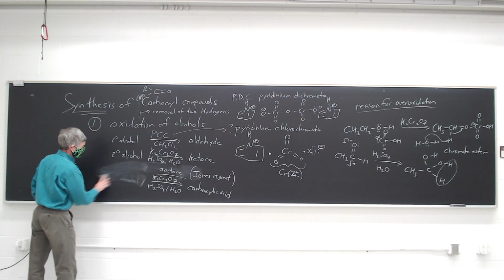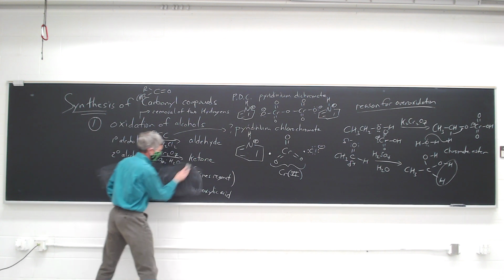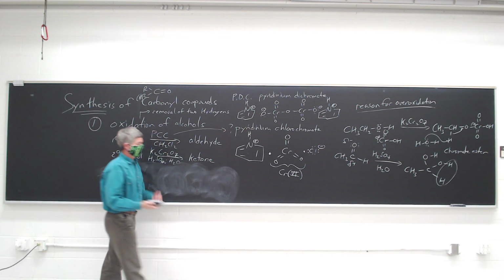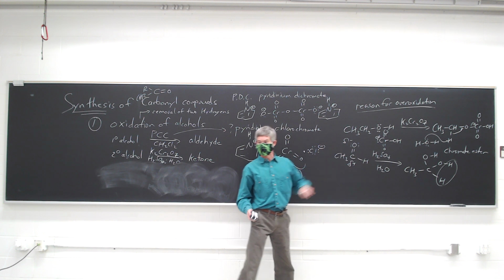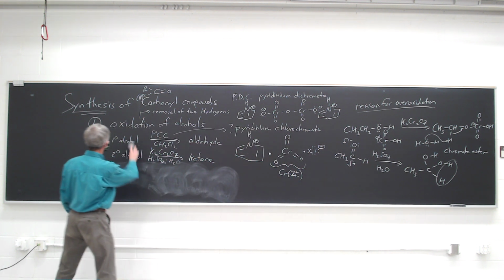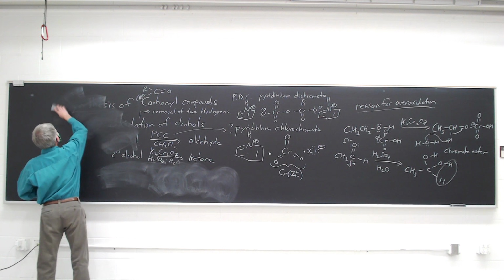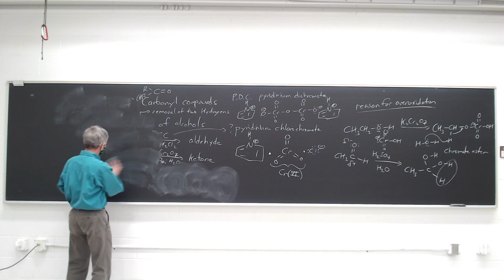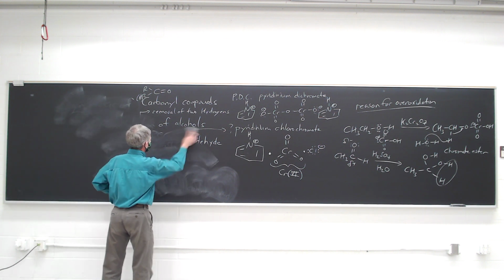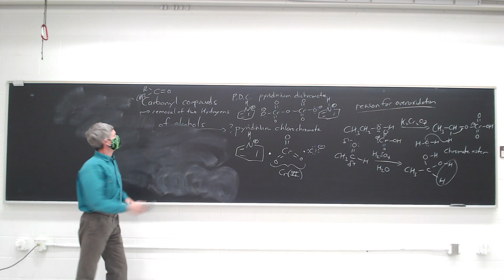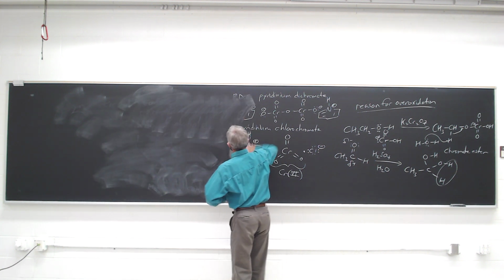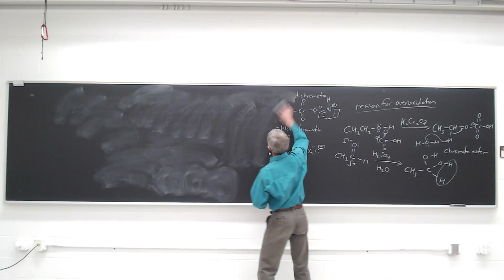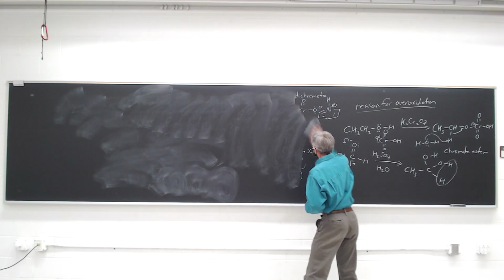So overoxidation is a consequence of this nucleophilic acyl addition reaction to the carbonyl group in the presence of aqueous acid. So we've got good reagents for converting alcohols to carbonyl compounds. And depending on the structure of the alcohol, we'll get different carbonyl compounds.